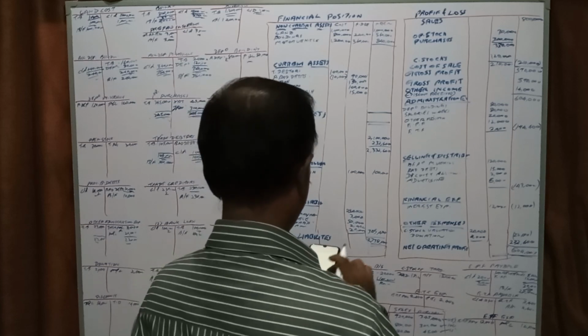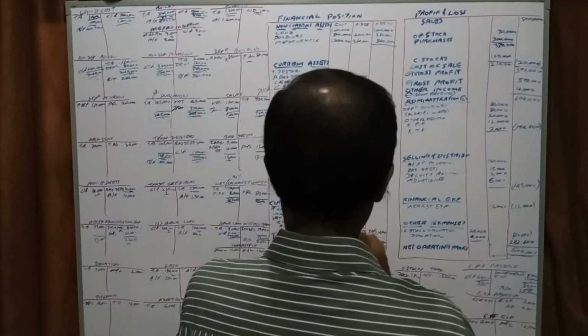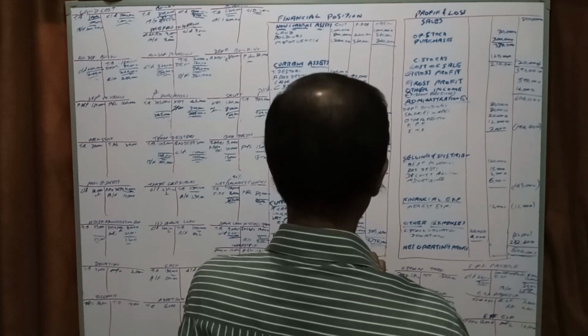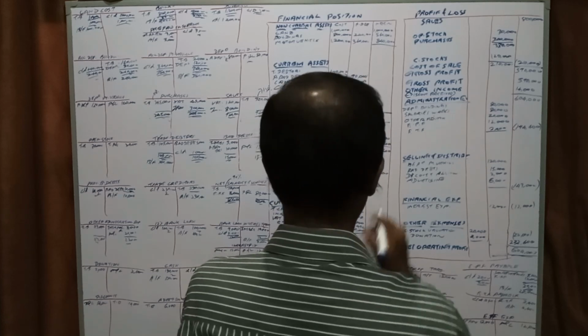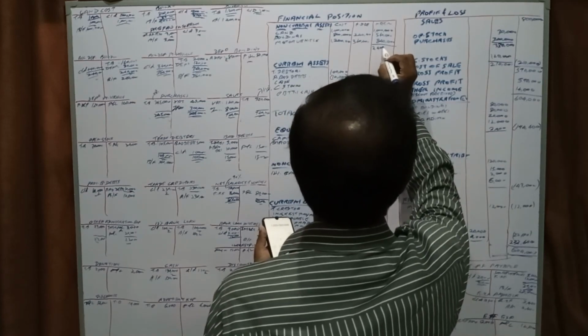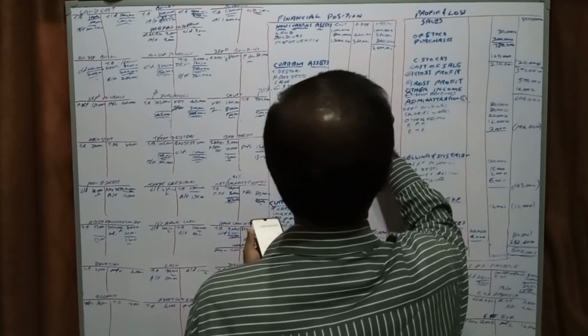Okay. Here again 1 million plus 560,000 plus 840,000, 2,400,000, right?